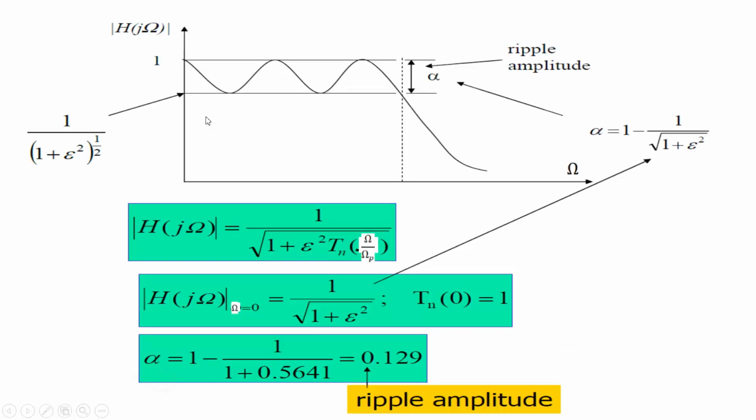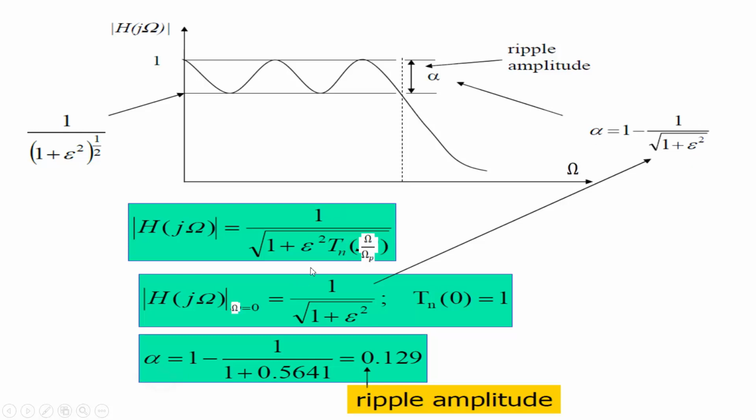This is the diagram that we can plot. Alpha is the ripple amplitude. Because this point is 1, this point is 1 minus 1 over the square root of 1 plus epsilon square. So alpha will be 1 minus 1 over the square root of 1 plus epsilon square.